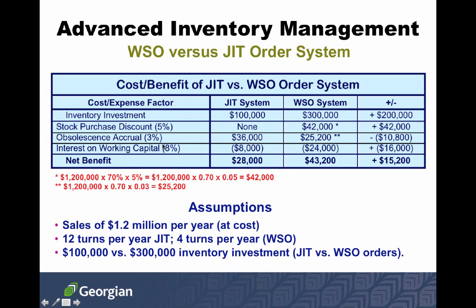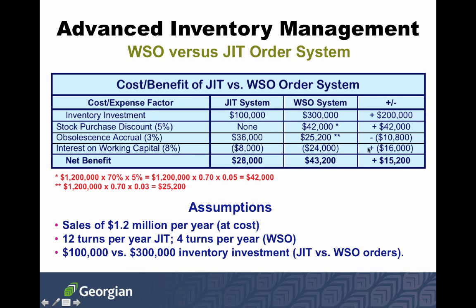And interest on working capital invested in inventory, and I've used 8% as the cost of capital. That's usually, let's say, a line of credit or something like that in dealership that is a good financial risk. 8% is typical. So 8% of the 100,000 investment is $8,000. 8% of the 300,000 investment is $24,000.